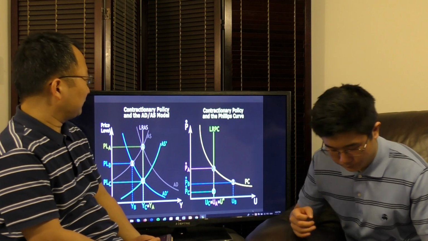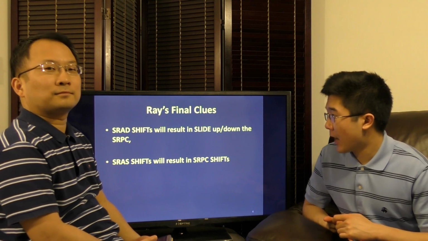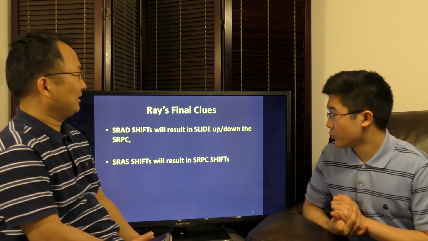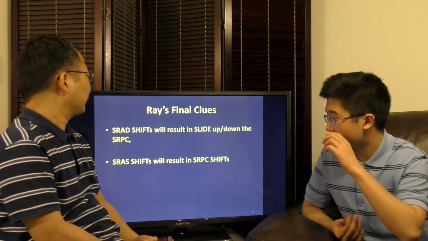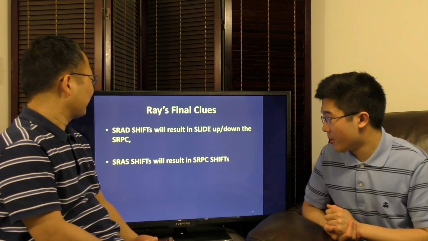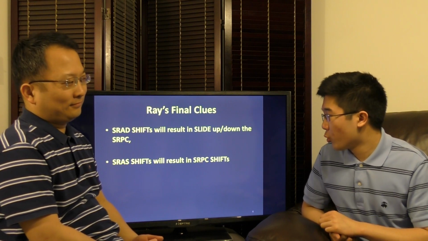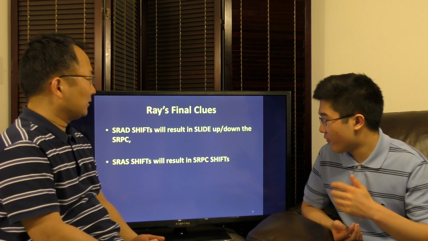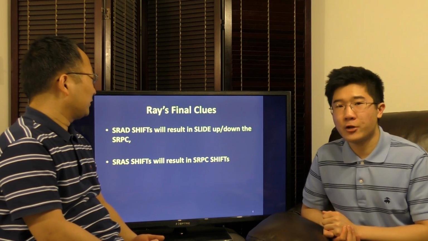Yes. Okay. And so basically, we're talking about our final conclusions. Our short run aggregate demand shifts will result in the sliding up and down of the short run Phillips curve, as Michael mentioned. A very good point. But in the long run, aggregate supply shifts will result in the short run Phillips curve shifting, so that it reaches the long run Phillips curve and goes back to the original natural rate of unemployment.